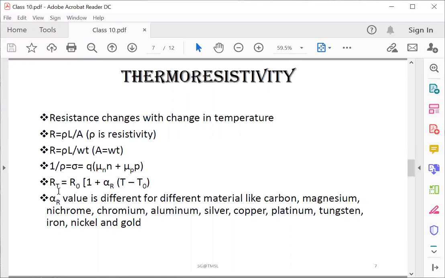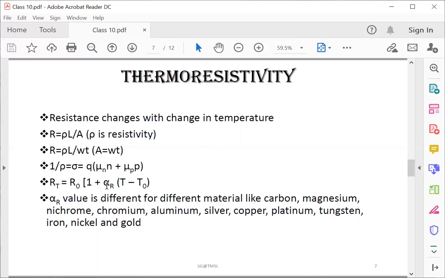Okay, so here RT is equal to R naught into 1 plus alpha R into T minus T naught, where alpha R is the temperature coefficient of resistance.